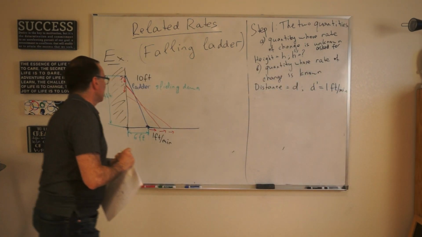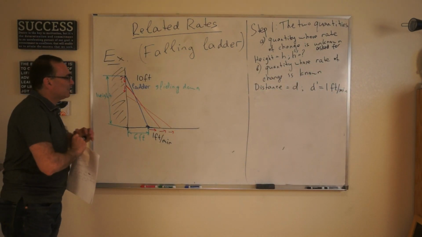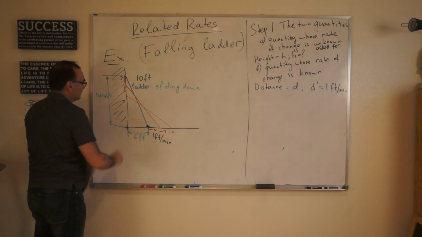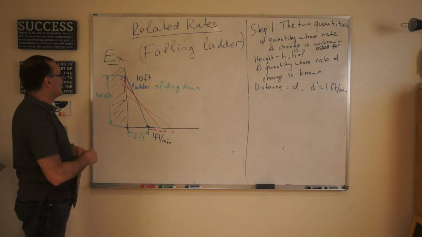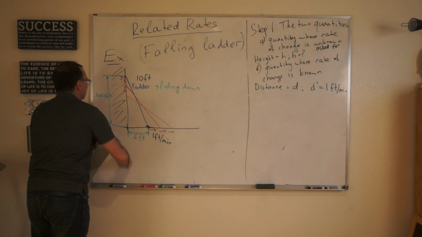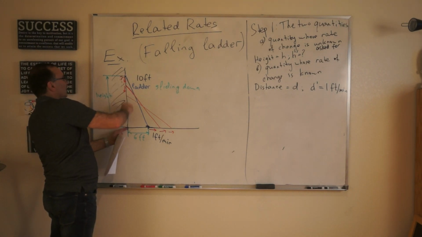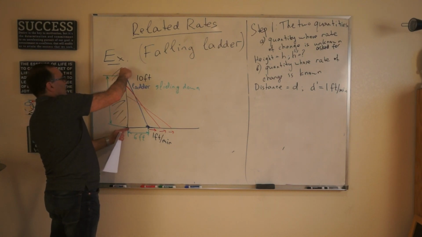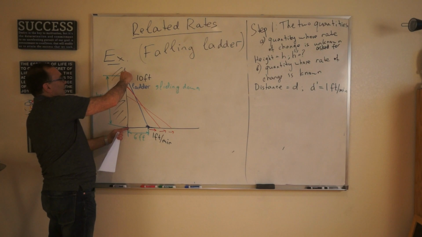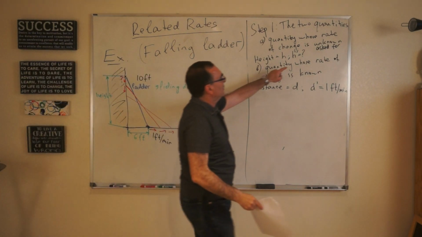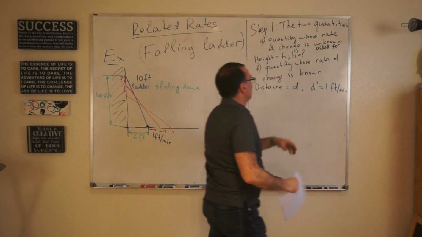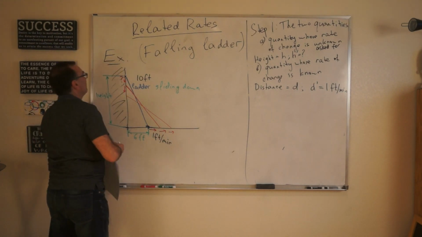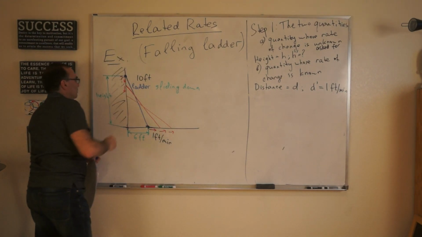So we got these two quantities. Once again, they are not explicitly mentioned in the text. One of them is mentioned, it's 6 feet, but still it's not clear. So one of the quantities is the height of the top point of the ladder, and as time goes, this quantity decreases, and we need to determine the rate at which it decreases. That would be the rate of movement of this top point down.